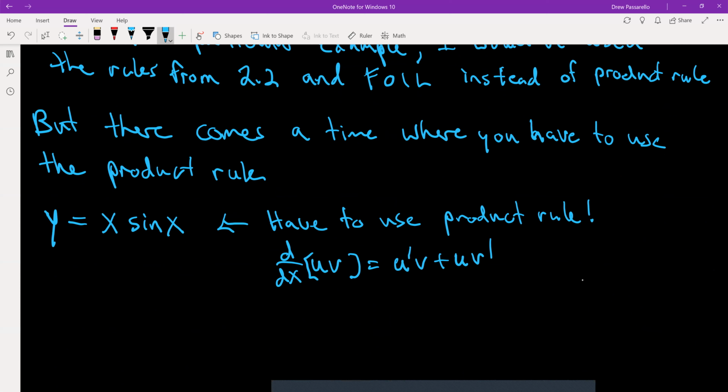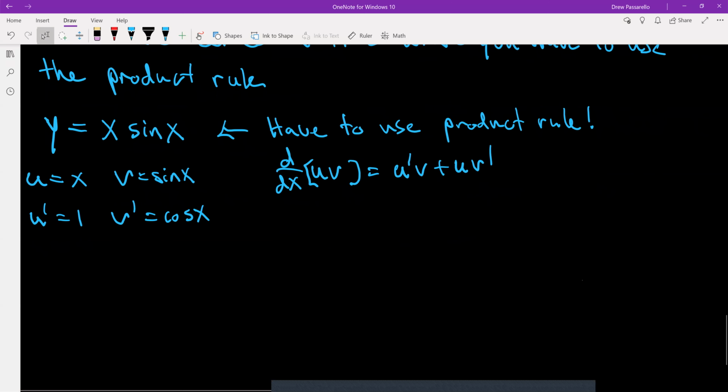In this case, our u is x and our v is sine x. The derivative of x is 1, so u prime is 1. The derivative of sine we know is cosine from the previous section, so v prime is cosine x. So that means I can go ahead and find the derivative.